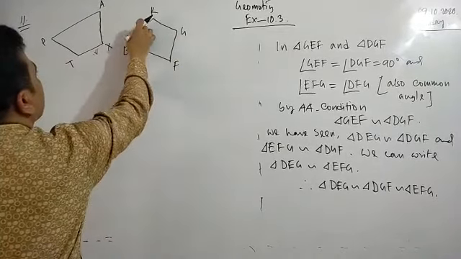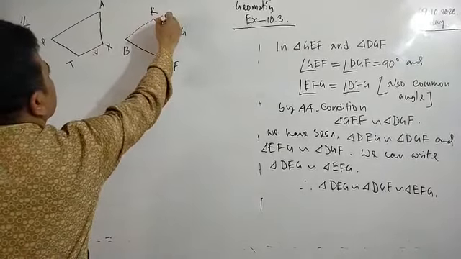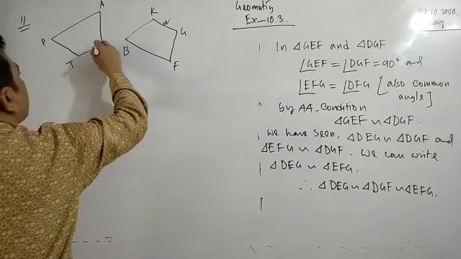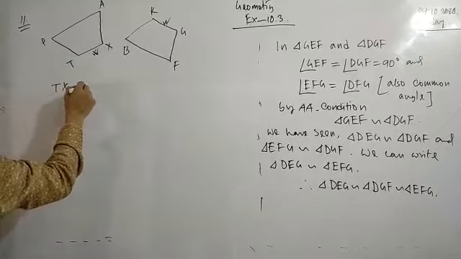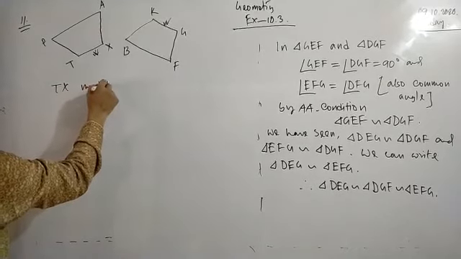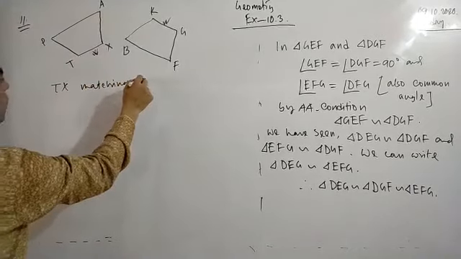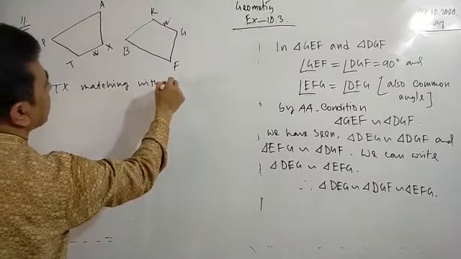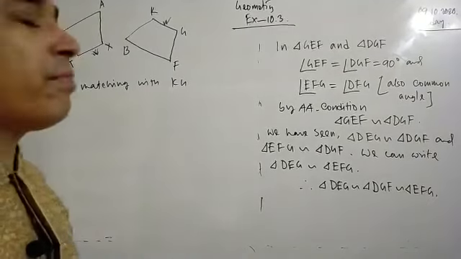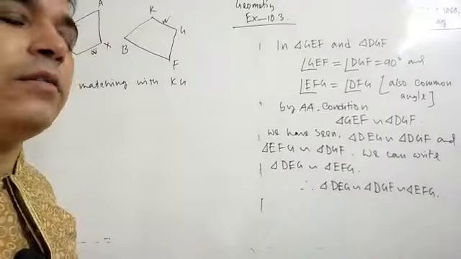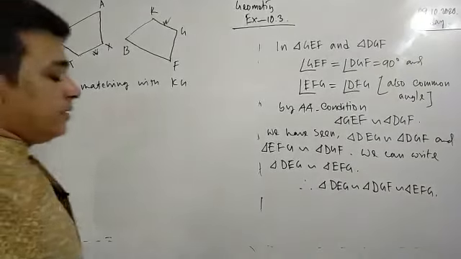This side is looking like this side. This side is looking like this side. That is why we can say this TX is matching with KG. Okay, that's it. You just have to match, and they have not given any kind of measurement here, so we can't prove whether it is similar or not.